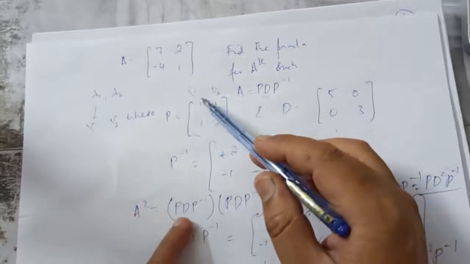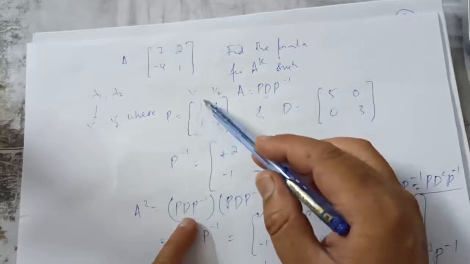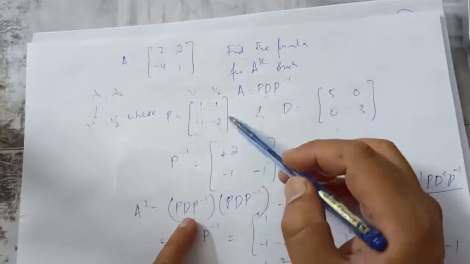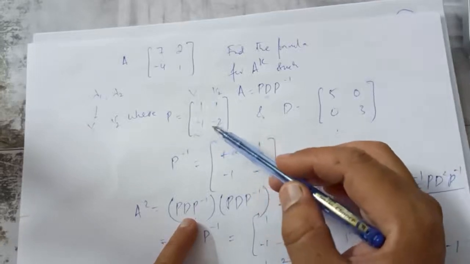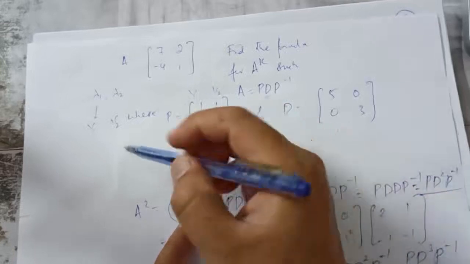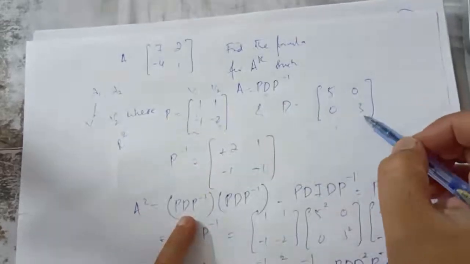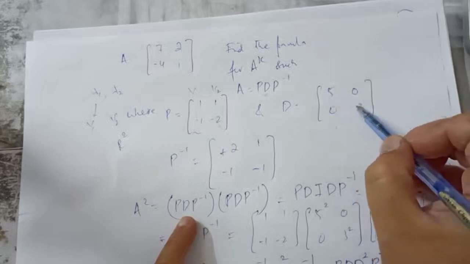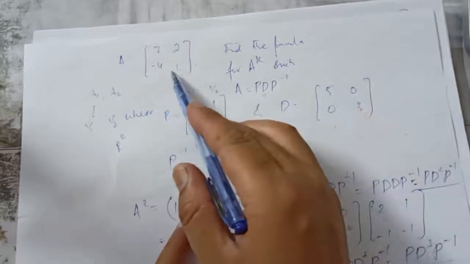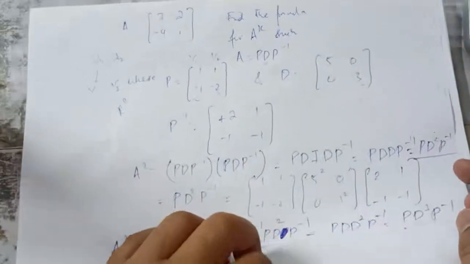You can see here these are two independent vectors, this and this. It means its dimension is 2, so they can span R^2. Similarly, the values in D, 5 and 3, are the eigenvalues of A. We can very easily find them out. I'll find them in a few moments.